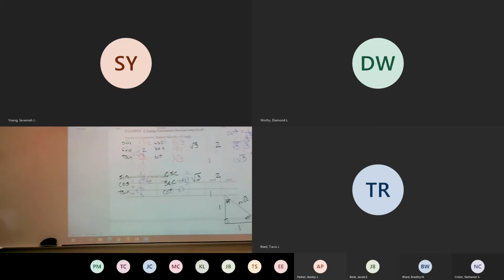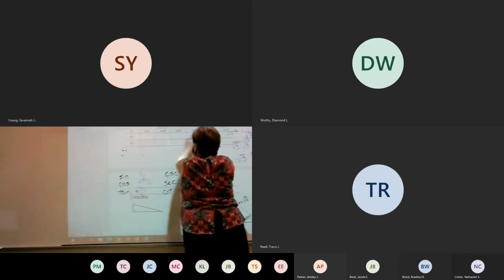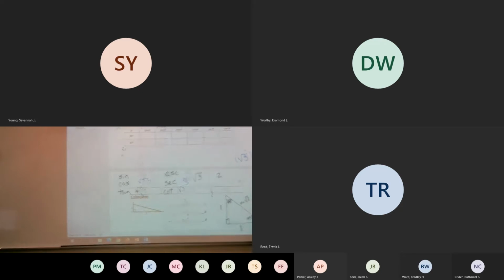So as you see, this little chart that I've written all over, if you know this little chart, this should be able to help you out because what you've done is you just figured out your unit circle by doing what we just did.